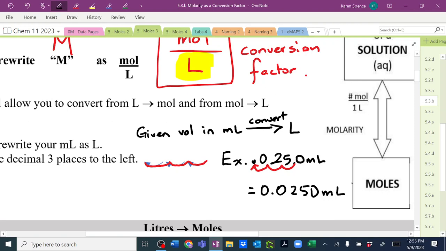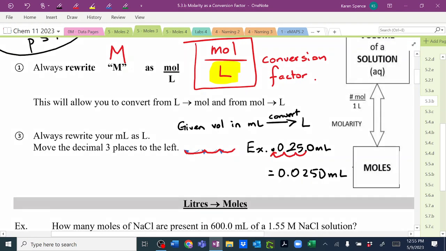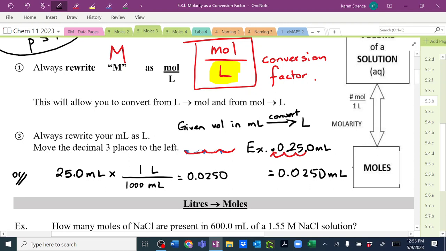If you prefer to use a conversion factor, you could say I have 25.0 milliliters. I need to cancel milliliters and find liters. There are 1,000 milliliters in 1 liter. And so we take 25 divided by 1,000 and we get 0.0250 liters.